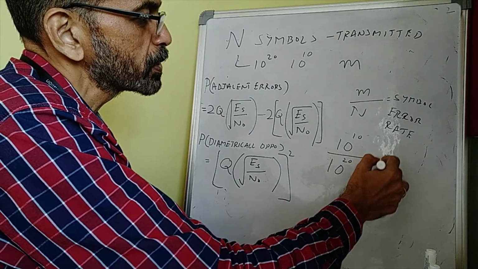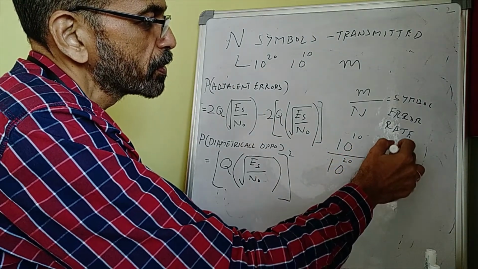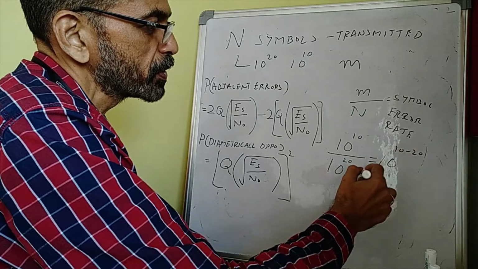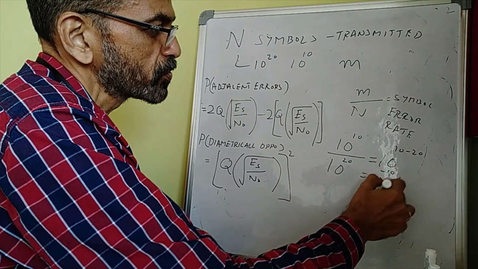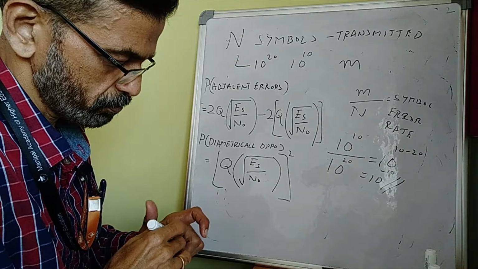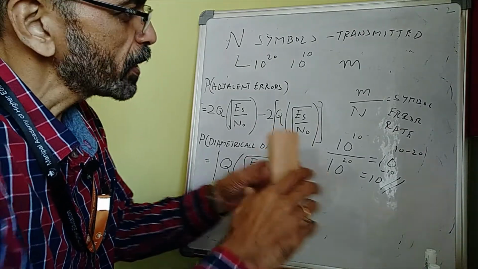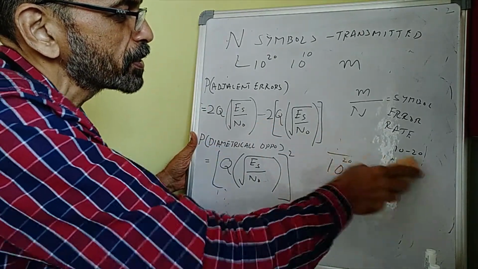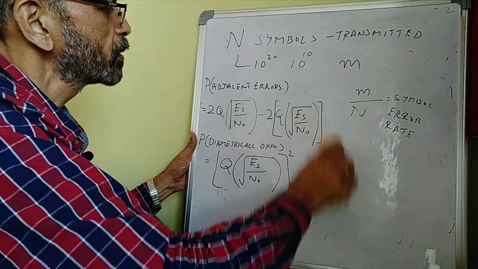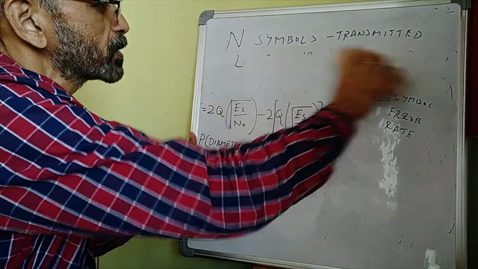So that means the symbol error rate is 10 power 10 minus 20, that is 10 power minus 10. Just to give you some numbers here. So m by n is the symbol error rate.